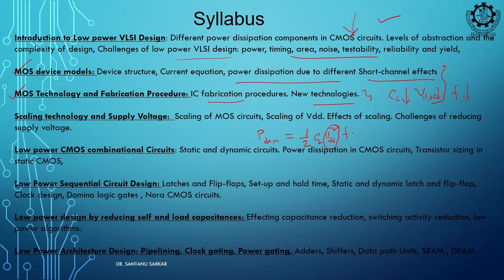You may have heard those terminologies, trade-off, design specifications. Broadly you see that VDD has a square term, so if we can scale down the supply voltage, we can scale down the power dissipation. This is one important aspect because of the square term.